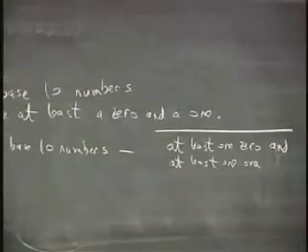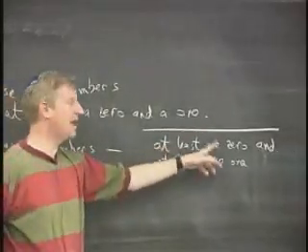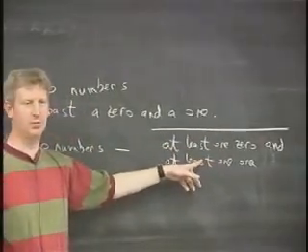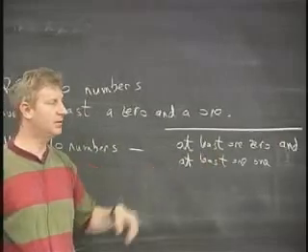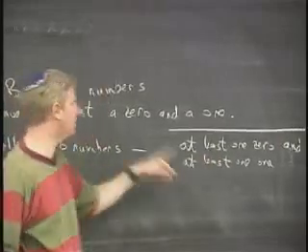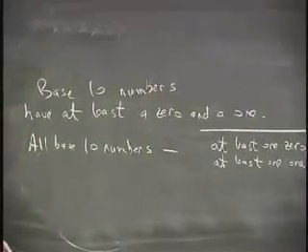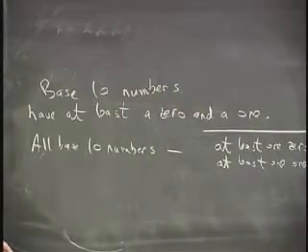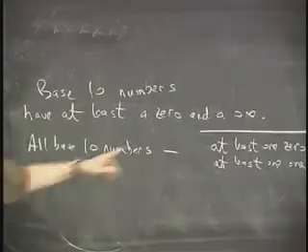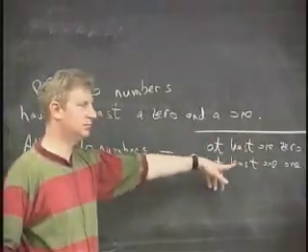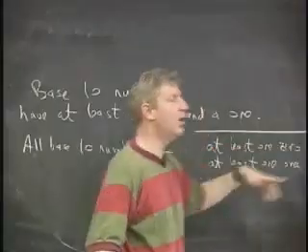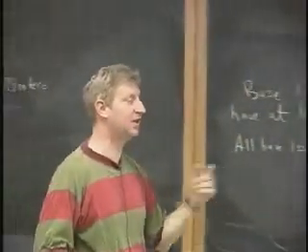I'm going to take all base 10 numbers minus those that have at least one 0 and at least one 1. That's the same as taking all base 10 numbers minus the complement of these. The line on top is the complement. Well, if you can describe to me the complement of these, then I could have written that down.